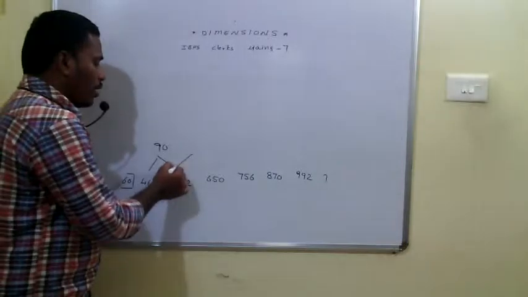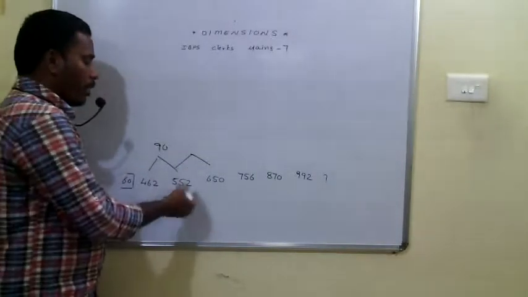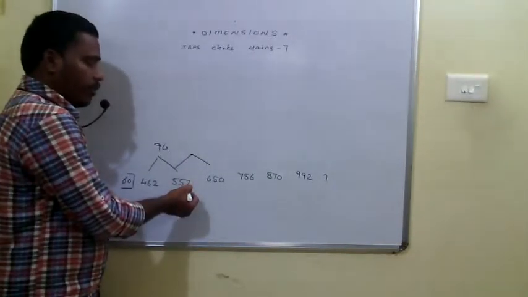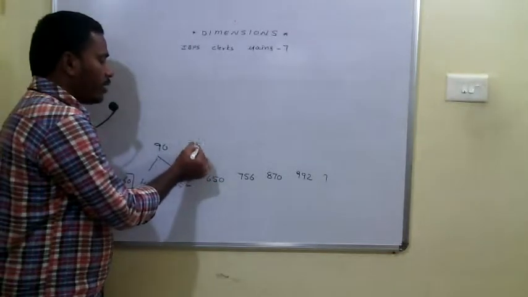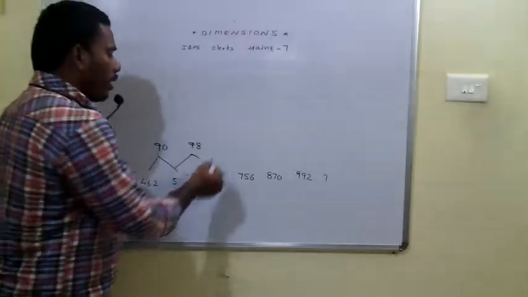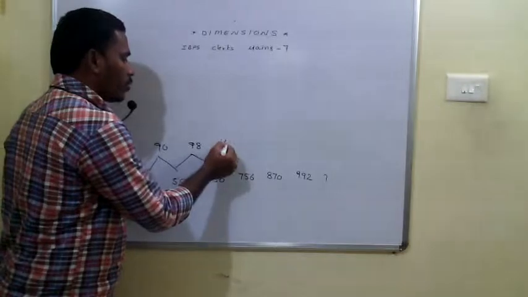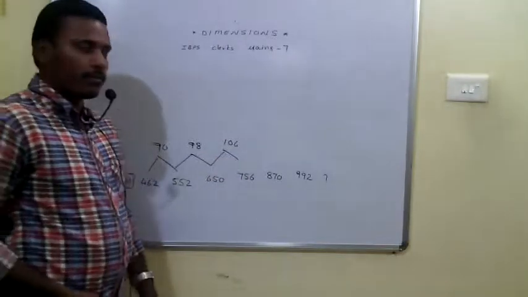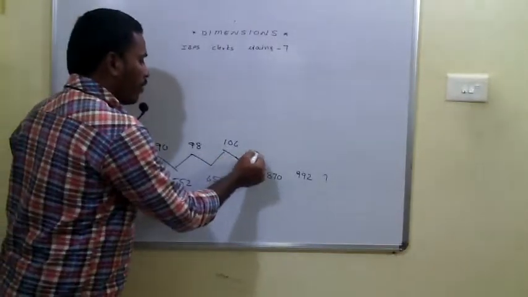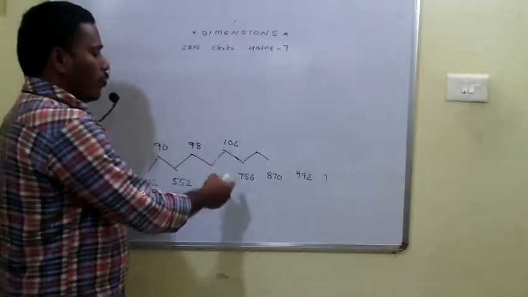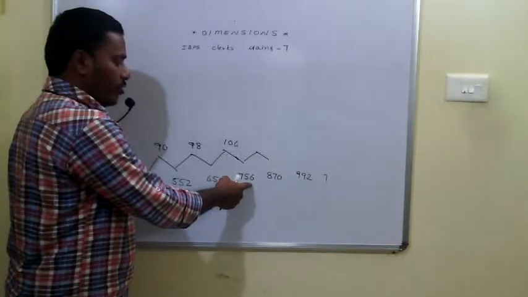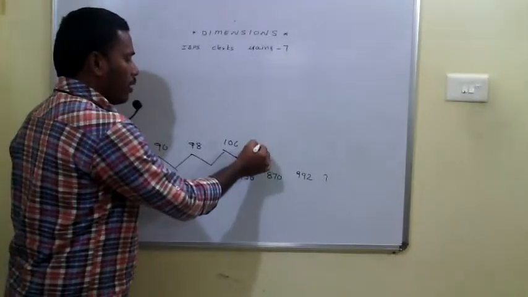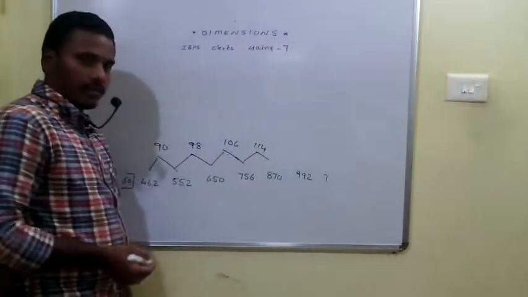Now coming to here, what will be the difference? The difference is 98. And coming to here, the difference is 106. Okay, and coming to here, what will be the difference? If you add 4, it will be 760 and then 114 is the difference.